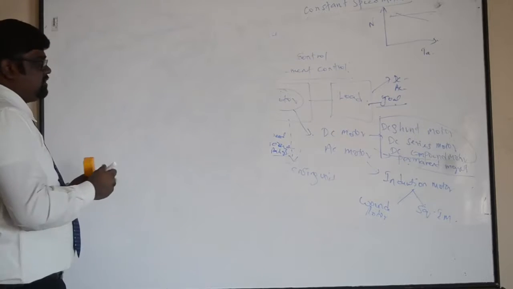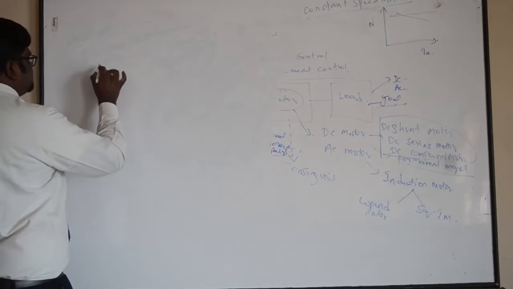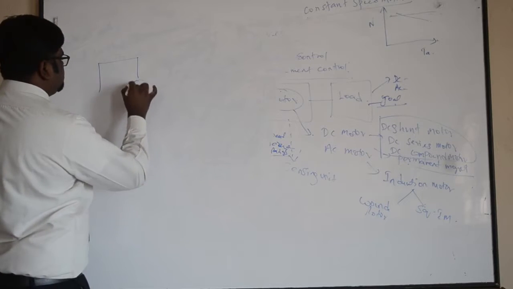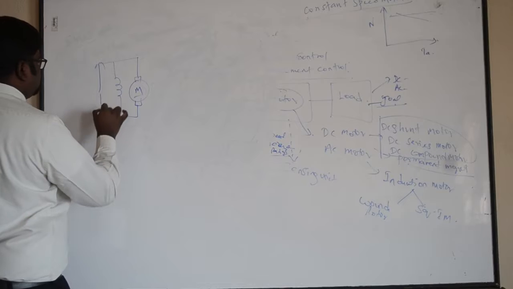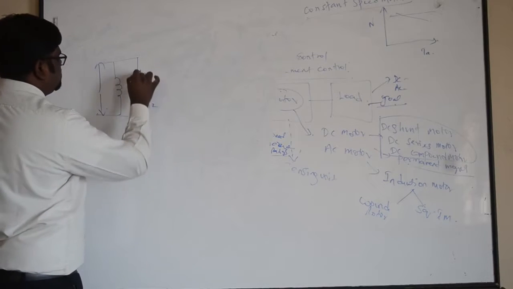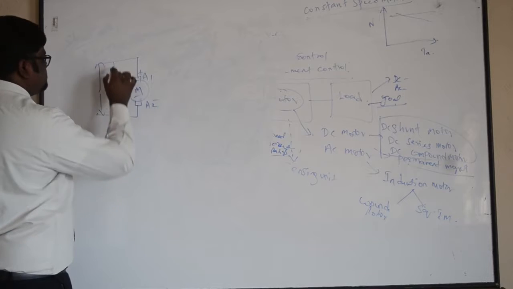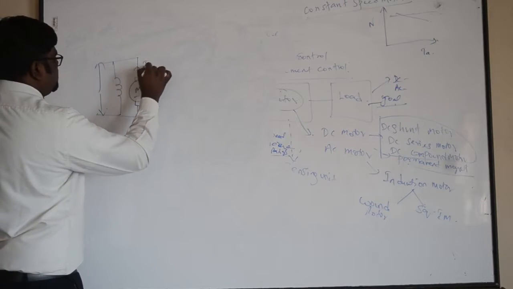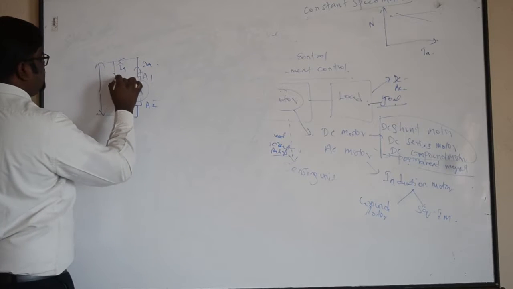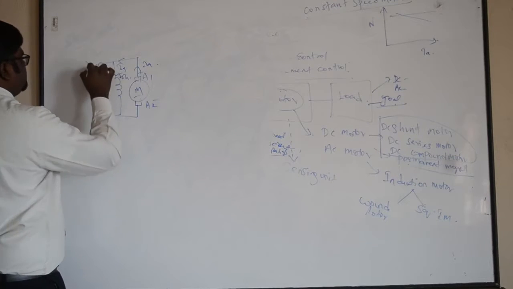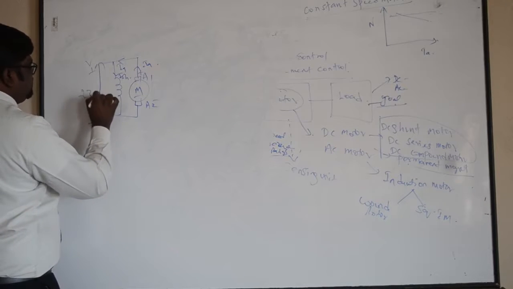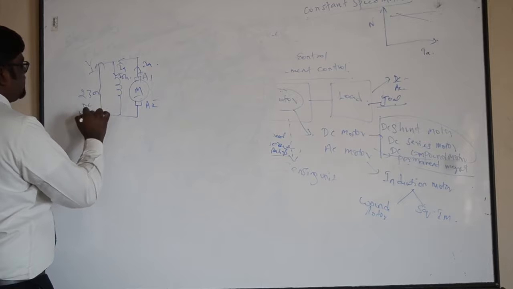We will explain why, with the DC shunt motor's basic diagram. You know A1, A2, plus minus will be IA, ISH, voltage plus minus 230 V DC supply.